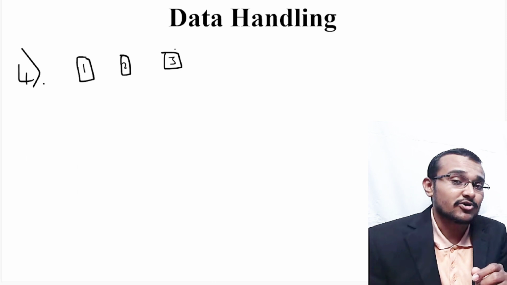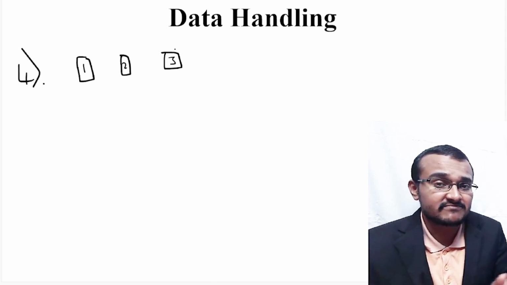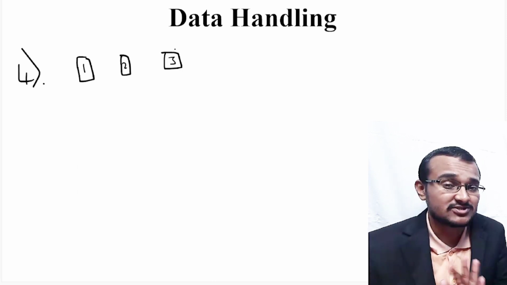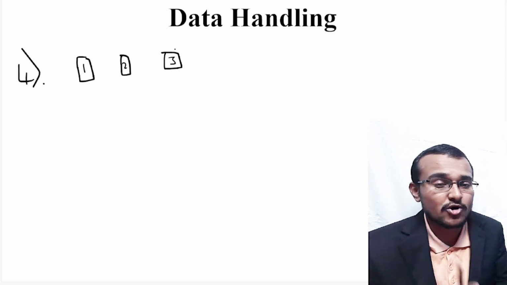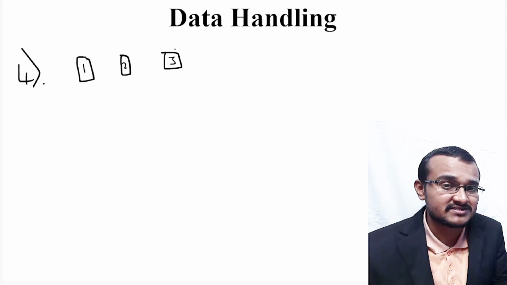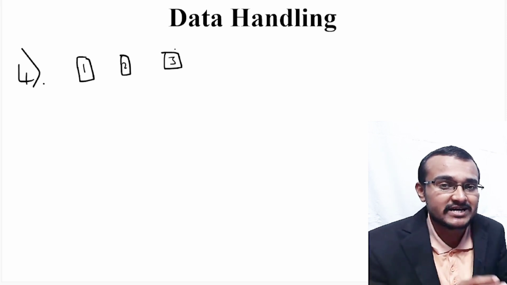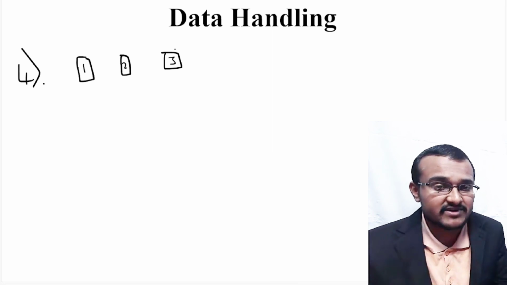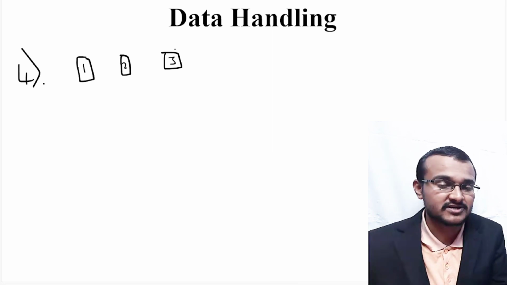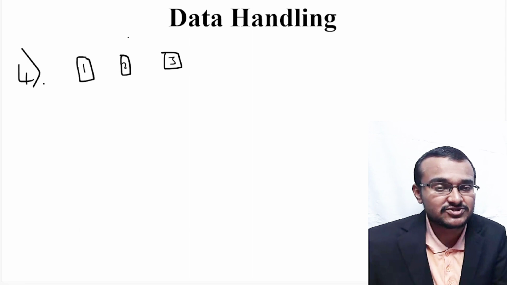So like this, on all 10 pieces they have written from 1 to 10. That means no number is repeated, and all 10 different pieces have numbers from 1 to 10. By giving this situation, they have given a certain set of questions in this fourth question, which you should go on answering.